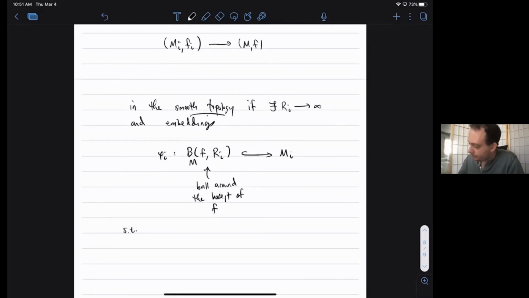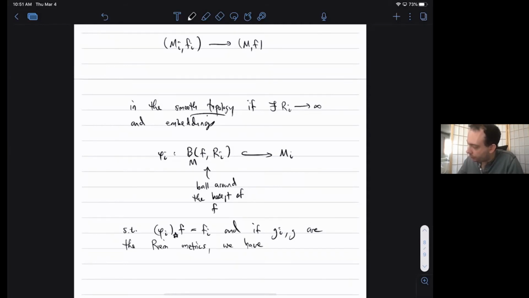Such that these phi_i push forward the F frame to the F_i frame, and also, if g_i and g are the Riemannian metrics on the different manifolds, I'm requiring that if you pull back the g_i metric using phi_i, then that converges, in the C-infinity topology on tensors, to g.